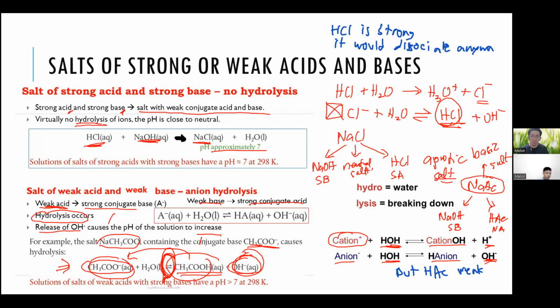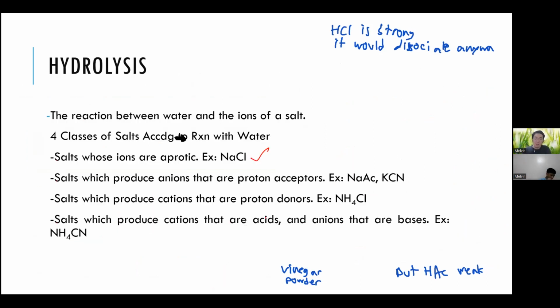So therefore, sobrang liit nung manggagaling na H plus from the dissociation of your formed acetic acid, no? So yeah, you have more OH minus this time. See? So, we can classify your salts based on that. So, etong hydrolysis na topic na to, Josh, salt in water ito.